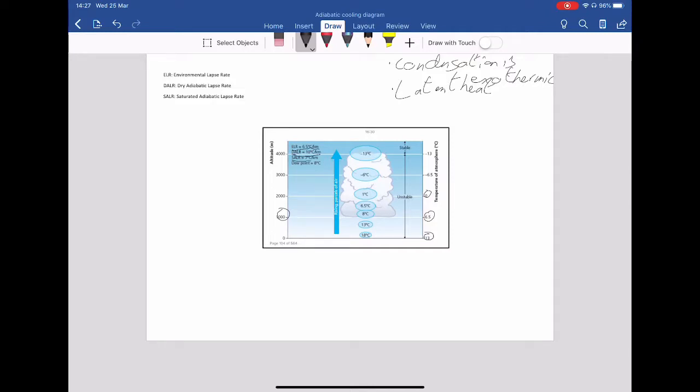What this means is that saturated air cools down at a slower rate than dry air. And the reason for this is the energy that's being released through the condensation. Okay, so if you look at this diagram, dry air is cooling at 10 degrees per kilometre, whereas saturated air is cooling at 7 degrees per kilometre, and it's saturated once it hits the dew point.